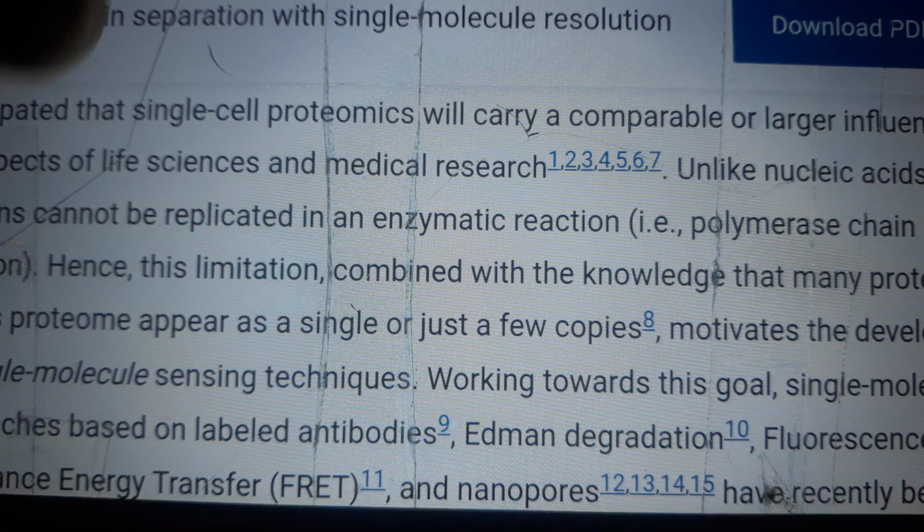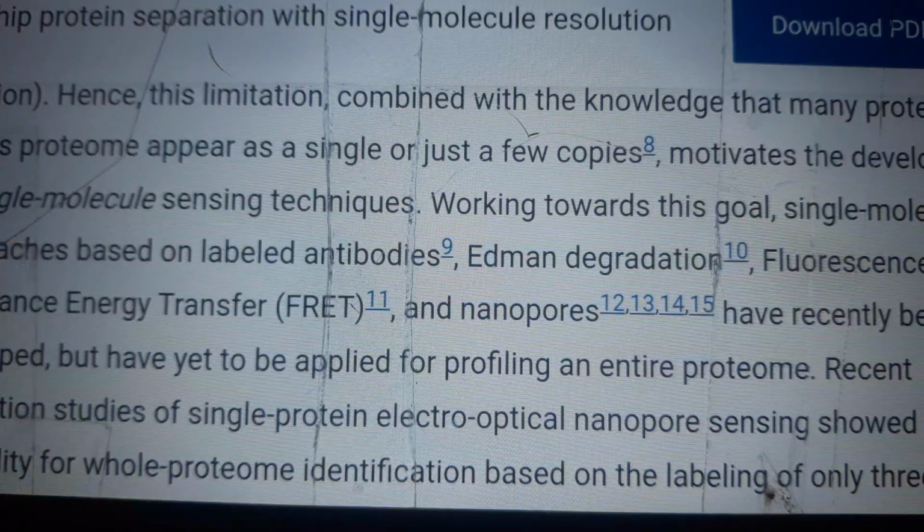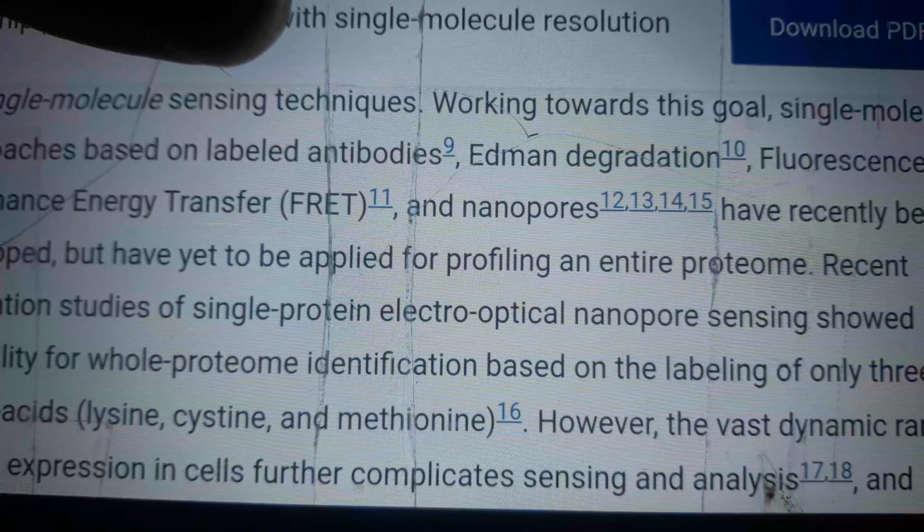Unlike nucleic acids, proteins cannot be replicated in an enzymatic reaction, that is, polymerase chain reaction. Hence, this limitation, combined with the knowledge that many proteins in a cell's proteome appear as a single or just a few copies, motivates the development of single molecule sensing techniques.